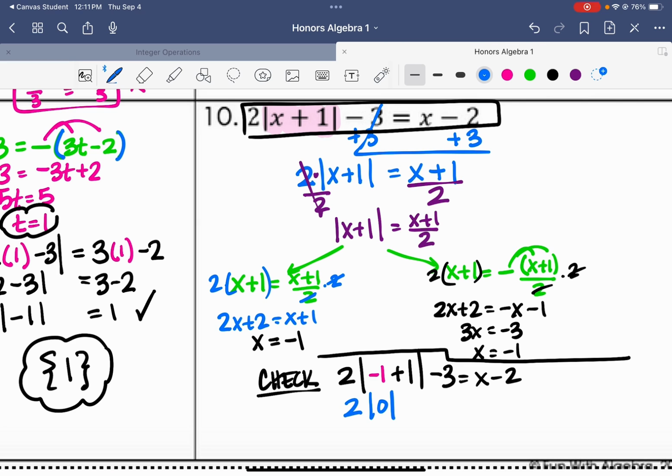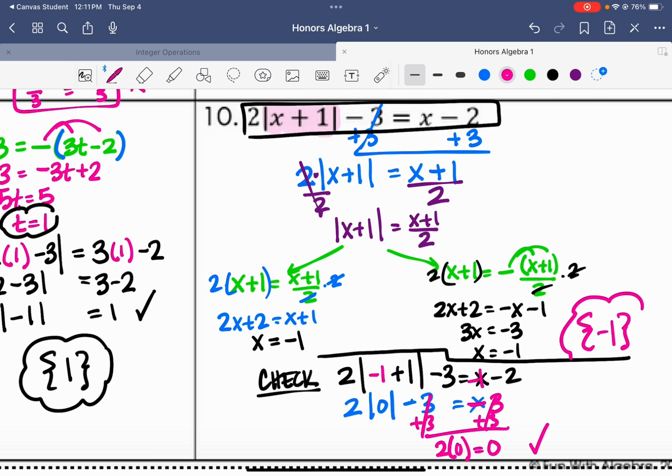Oh, I guess I didn't have to go that far, but I will anyway. Minus 3 equals x. Oh, x is negative 1. Sorry. Negative 1 minus 2 is negative 3. If I add 3 to both sides, I get 2 times 0. 2 times 0 equals 0. That works. So my negative 1, which is my only answer, works.